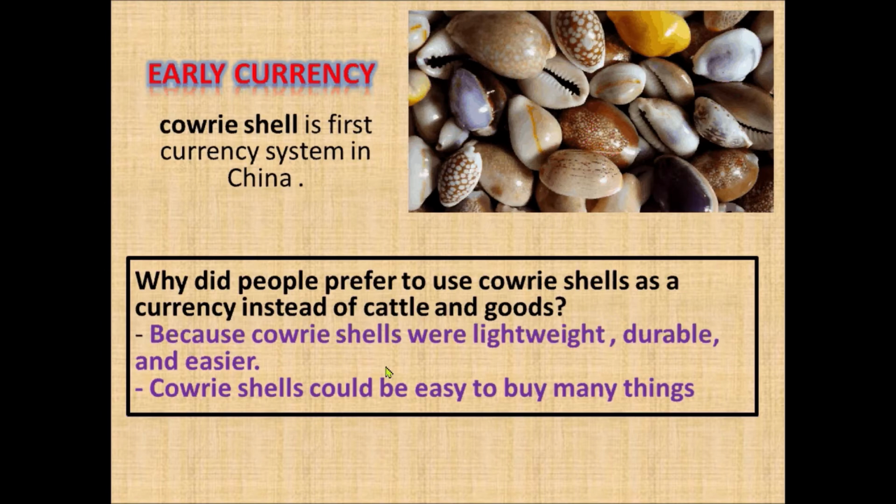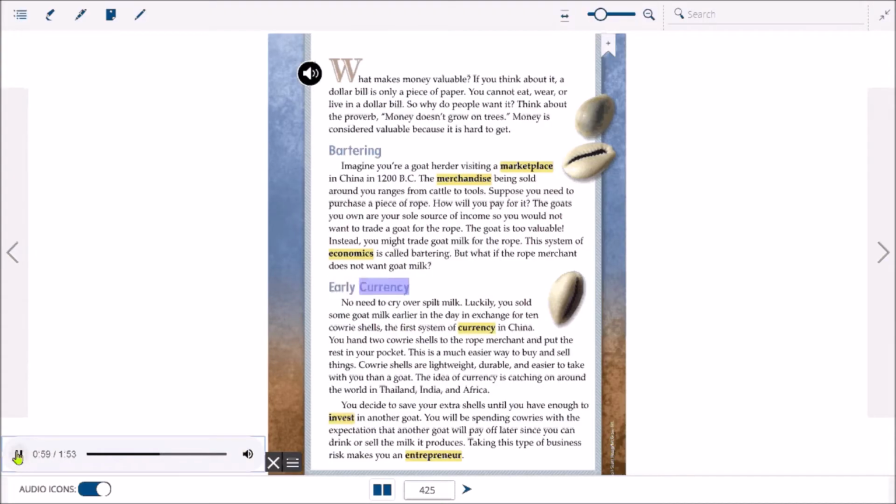Number two, because cowrie shells made it easy to buy many things. But if you use your goat to buy something, you will buy only one thing. Early currency. No need to cry over spilt milk.